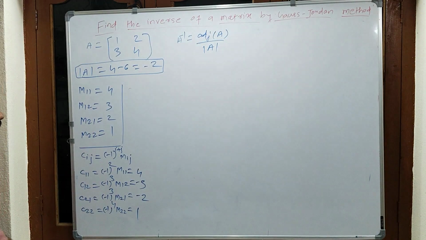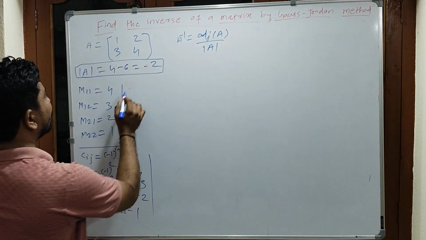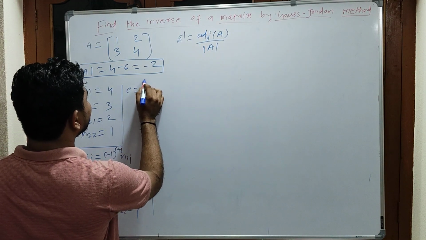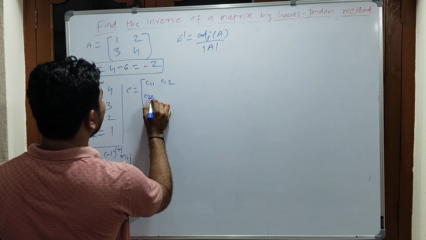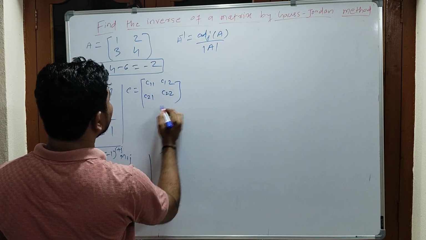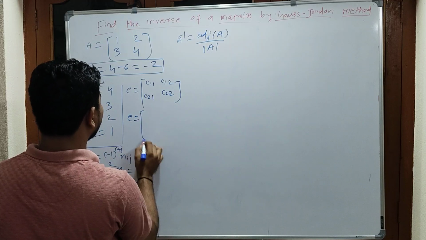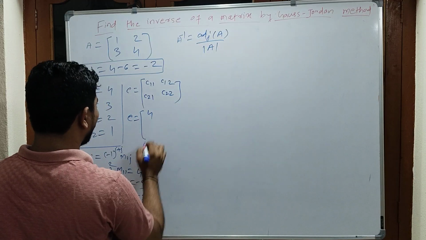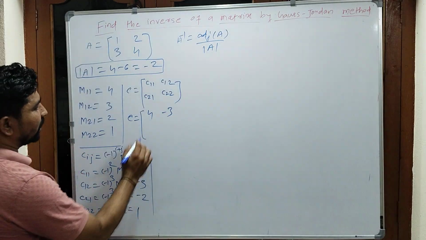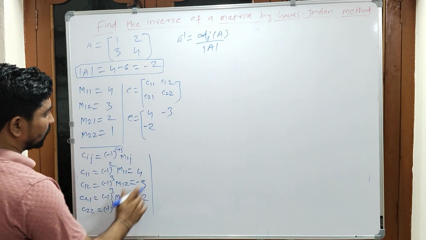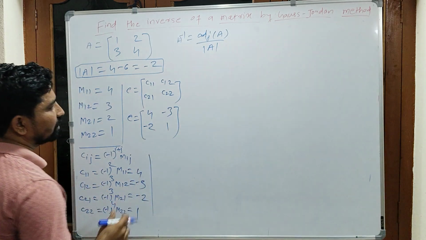This is simply 1. Now write the cofactor matrix. Here I am writing C11, C12, C21, C22. So here C is, now tell me, C11 is 4, C12 is minus 3, C21 is minus 2, and C22 is simply 1.